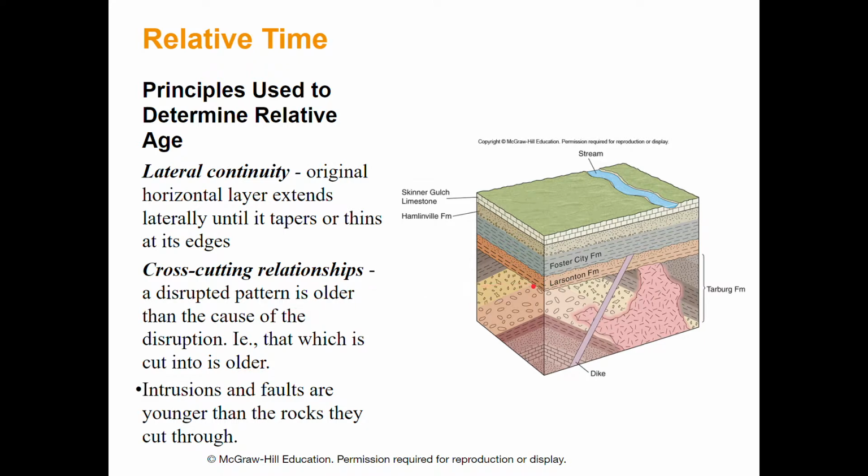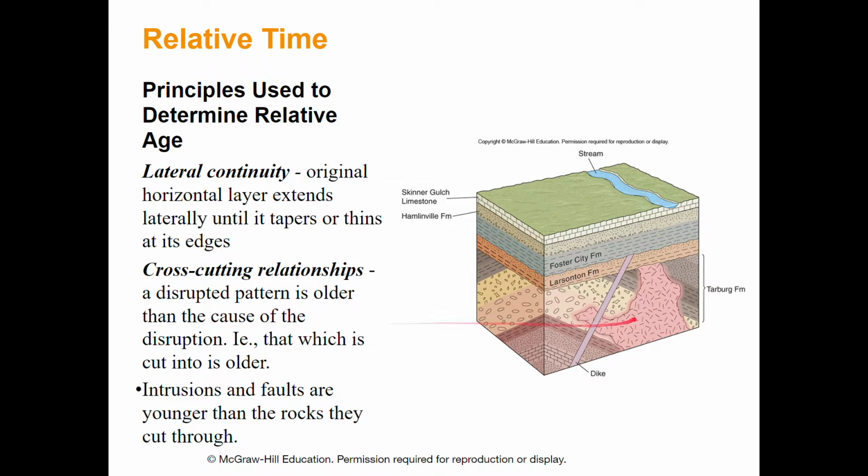So let's look over here. Over here we have some sedimentary rocks, and we've got some tilted sedimentary rocks. We've got this little igneous body, this magma that came in here and hardened. That's probably a granite. And we've got this dike. If you remember from chapter 3 or chapter 4, igneous rocks, dikes are basically a sheet of magma that will come up and cut across other things.